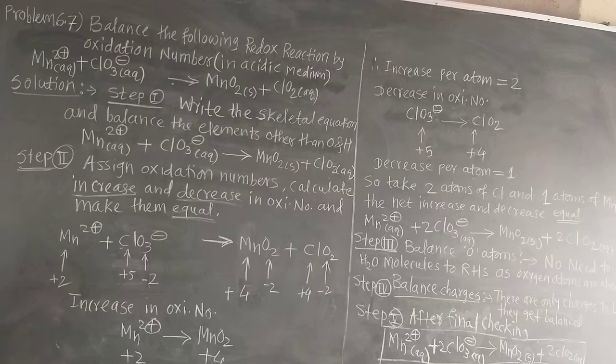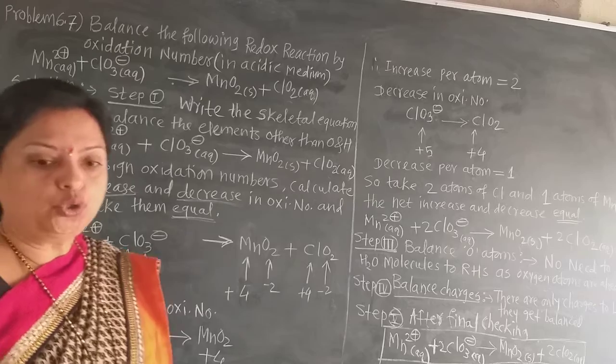See here, manganese oxidation number increases from +2 to +4, and chlorine's oxidation number decreases from +5 to +4. So increase in oxidation number from +2 to +4, that means increase per atom is equal to 2.